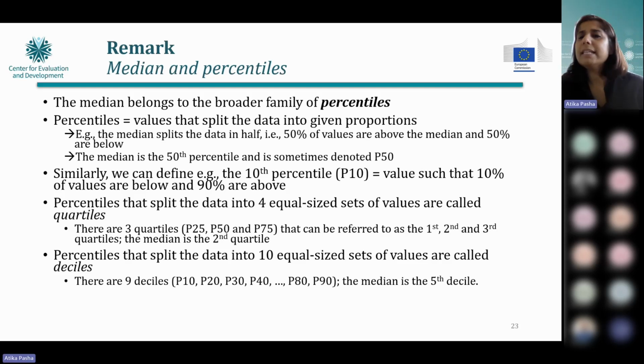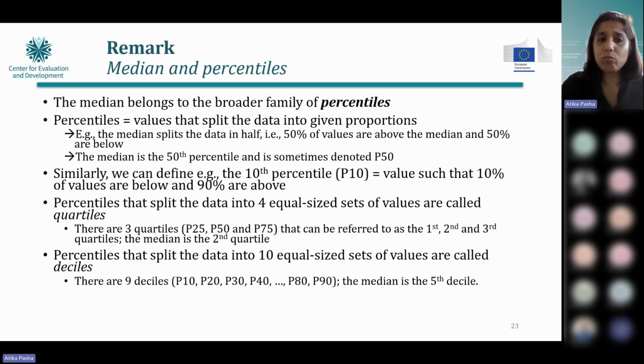However, let's say you want to split the data set into the bottom 10% versus the remaining 90%, or the top 10% versus the remaining bottom 90%. You can also have, for example, P10 or P90 as values. P10 in this case would be the 10th percentile, which means that the bottom 10% is compared to the remaining top 90% of your population.